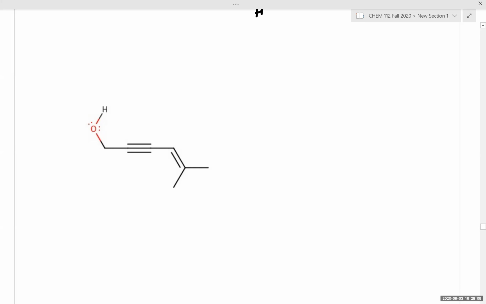If you'd like to share your response in the chat, you can type the condensed structure there as well.